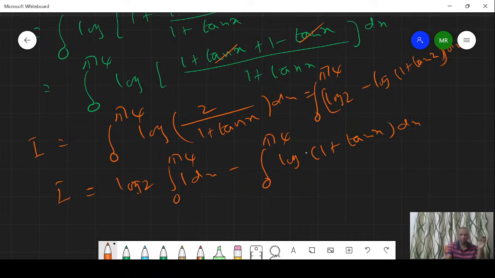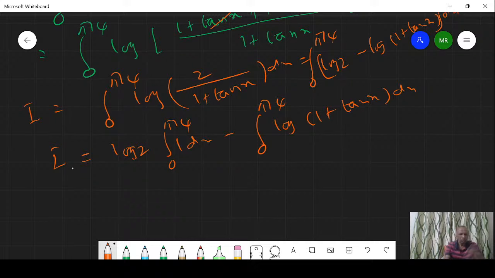See, this is the given problem, log of 1 + tan x dx, so that will be I. So I is equal to log 2 times the integral of 1 dx, which is x, with limits 0 to π/4, minus I. Transfer I to this side.